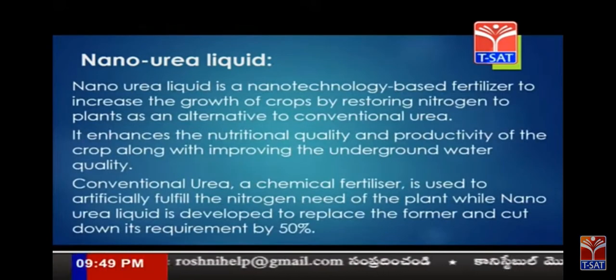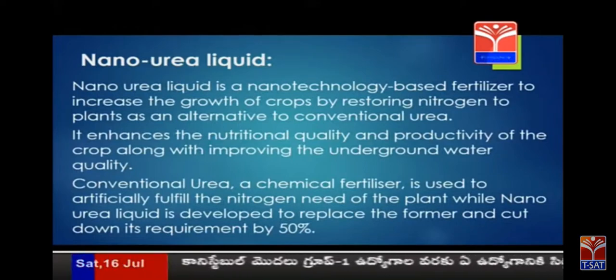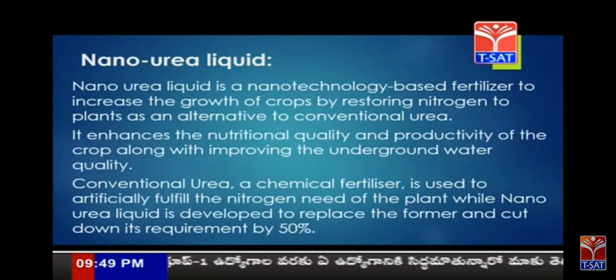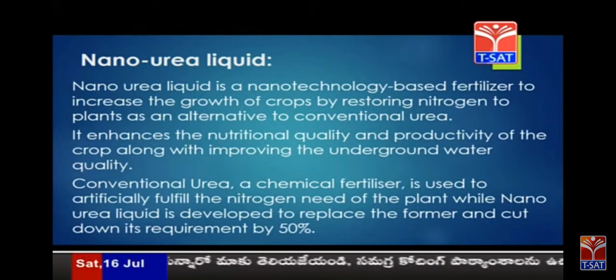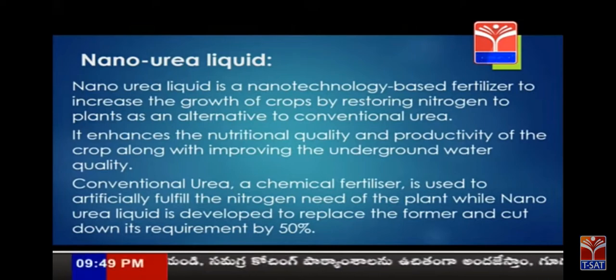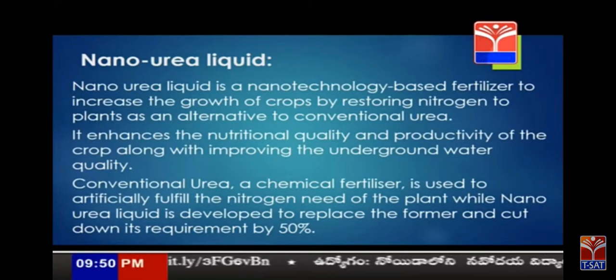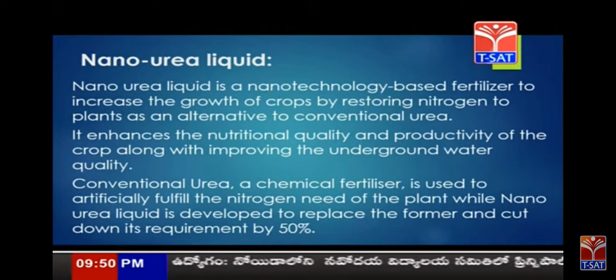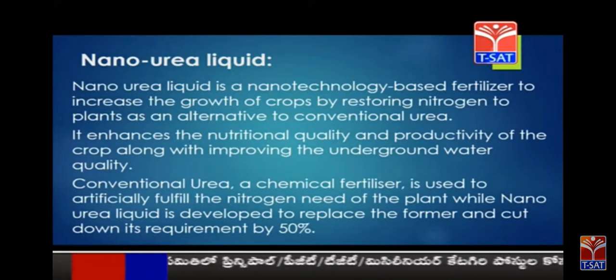One more piece of information: nano urea liquid is a nanotechnology-based fertilizer to increase the growth of crops by restoring nitrogen to plants, as an alternative to conventional urea. Generally, we are using conventional urea in the maximum quantity. So, to get an alternative for this usage of conventional urea, nano urea liquid can be used.